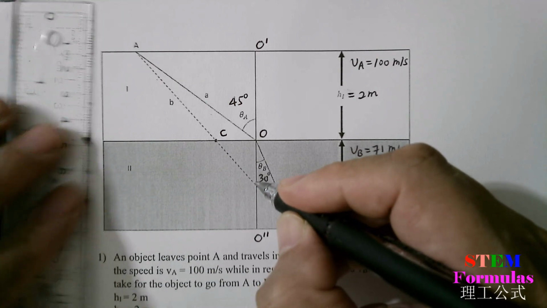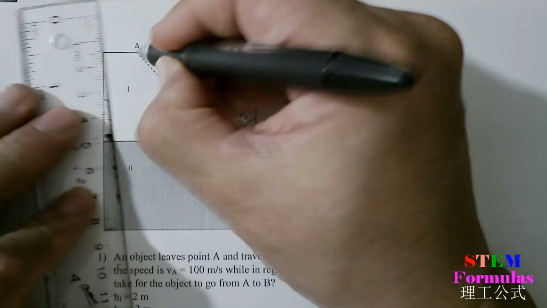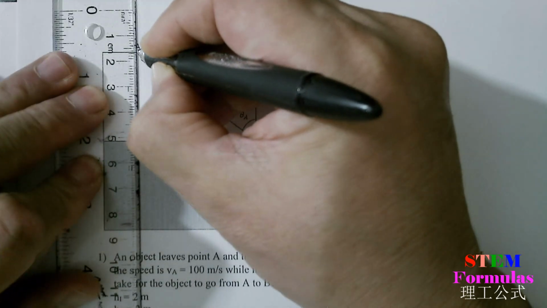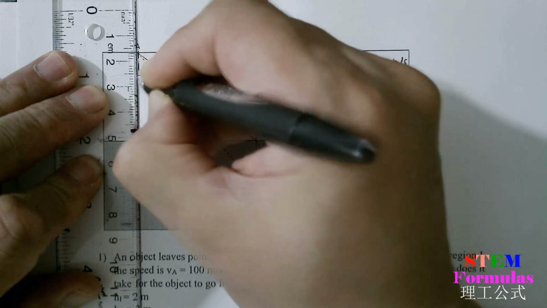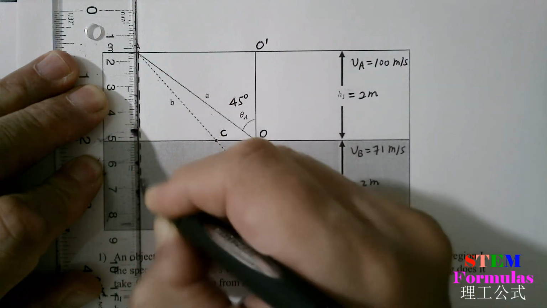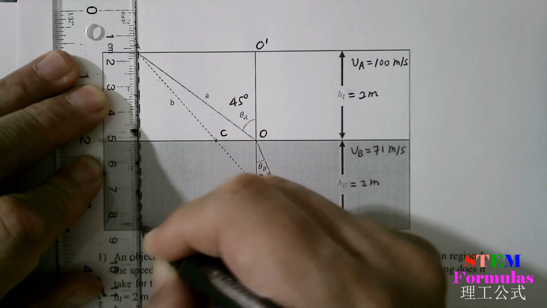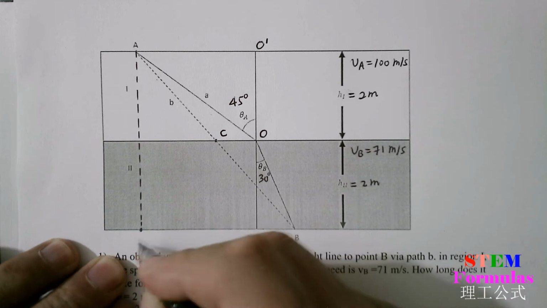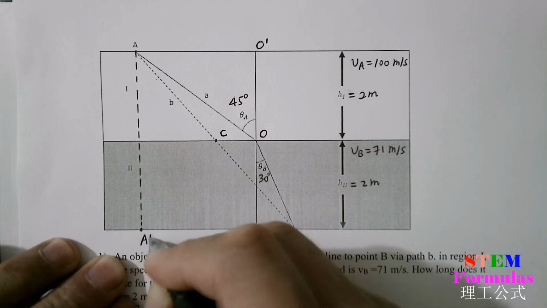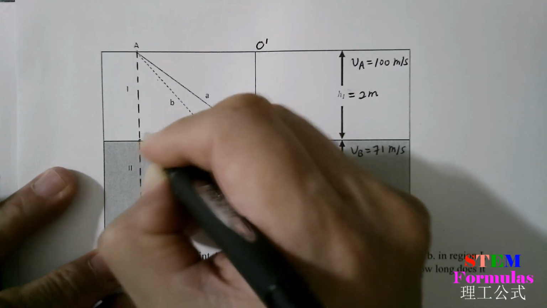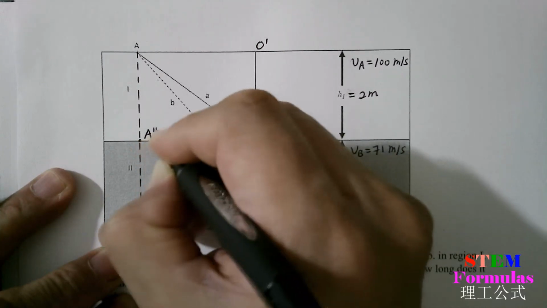And I want to draw a vertical line. This point I label as A prime, and this point I label as A double prime.